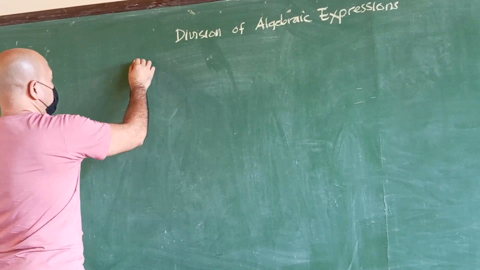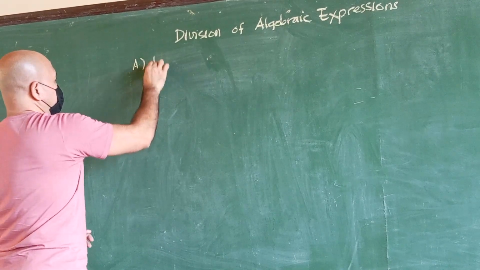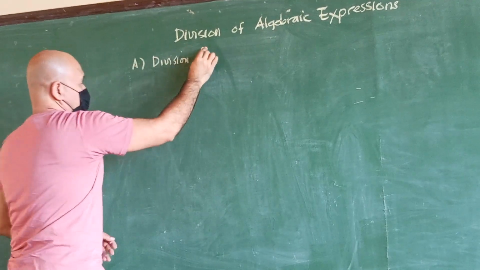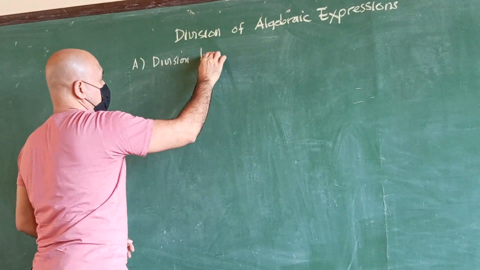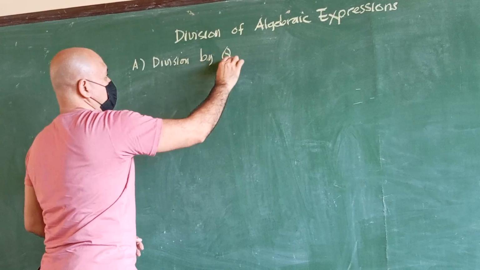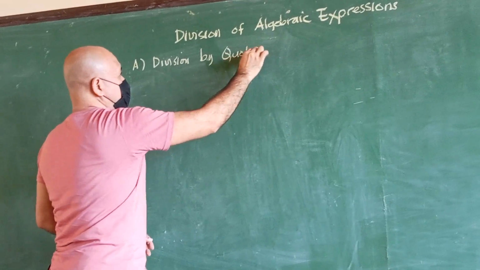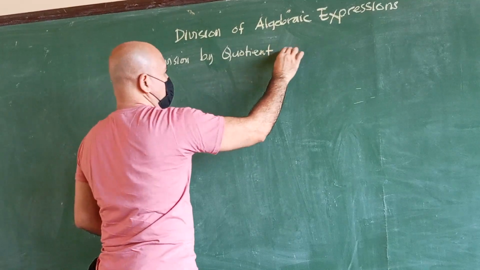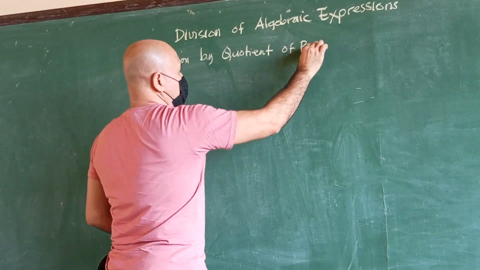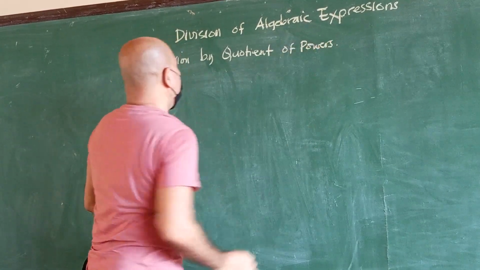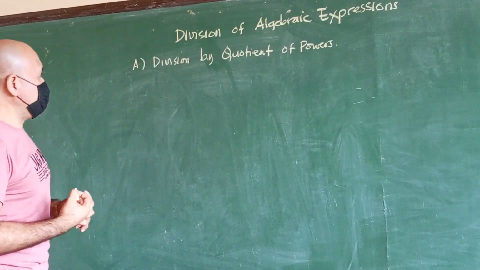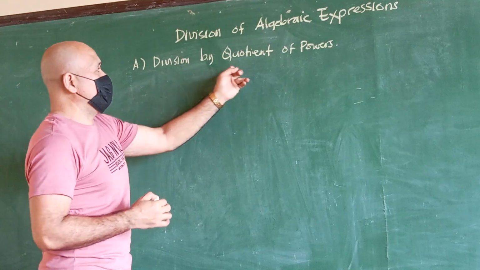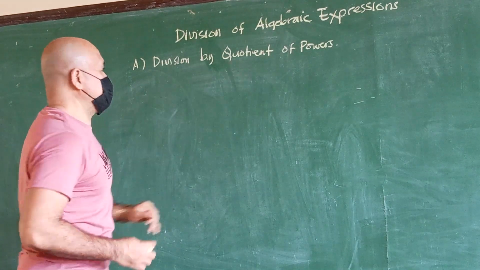Okay, so for this part, let me call this one division by quotient of powers. That means we will divide algebraic expressions using the idea of the quotient of powers.